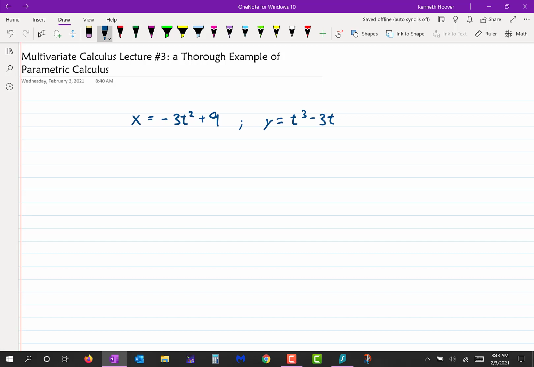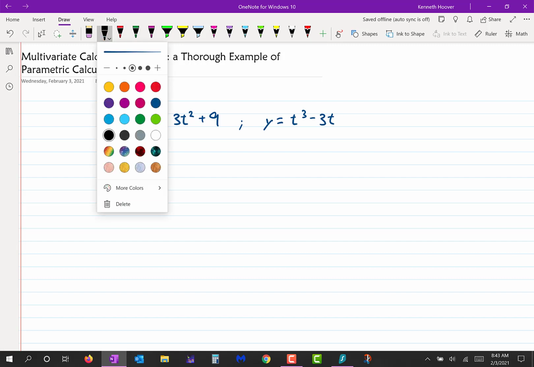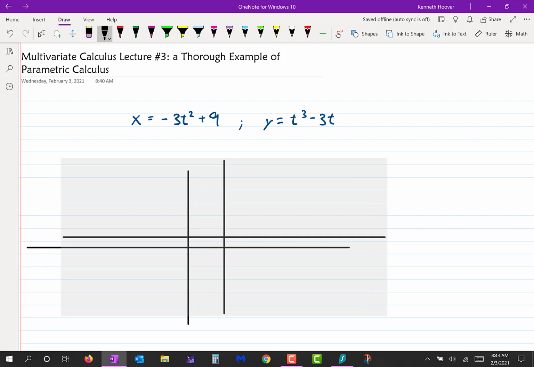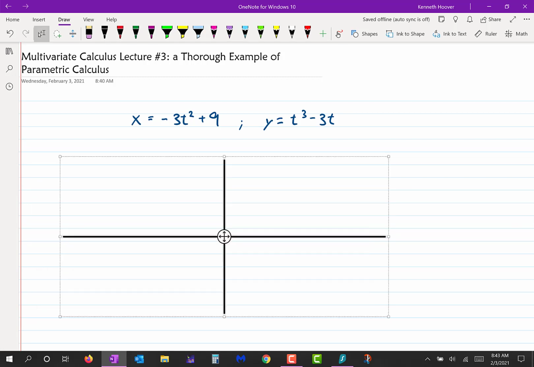So the first thing I want to do is draw some axes, so that as we find stuff out, we can add to the picture.